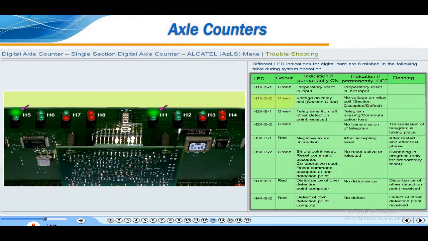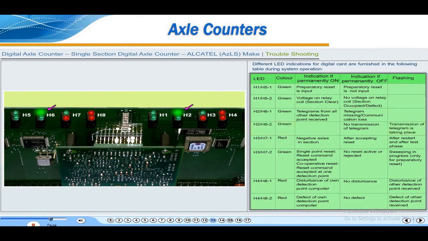H1/H5 2 green LED remains permanently lit when voltage is present on relay coil, that is section clear. It, however, remains off when voltage is not present on relay coil, that is section occupied or disturbed. H2/H6 1 green LED remains permanently lit when telegrams from all other detection points are received. Otherwise, it remains off when telegrams are missing.